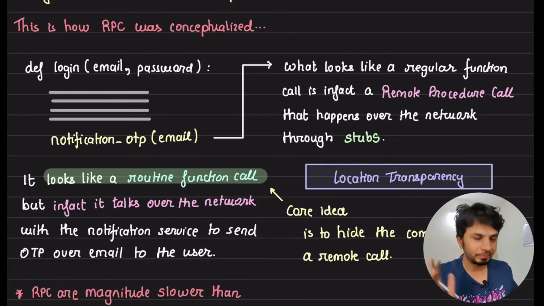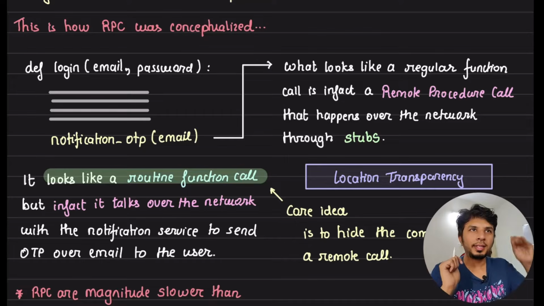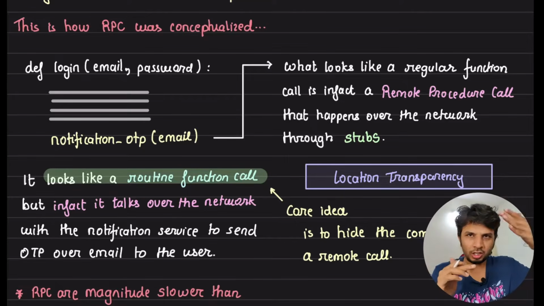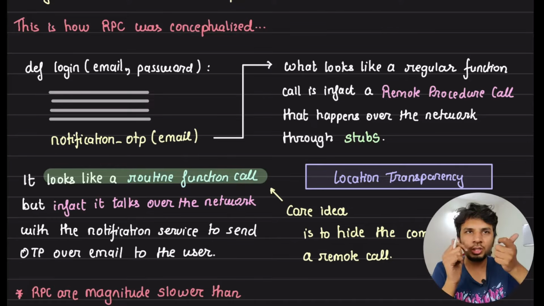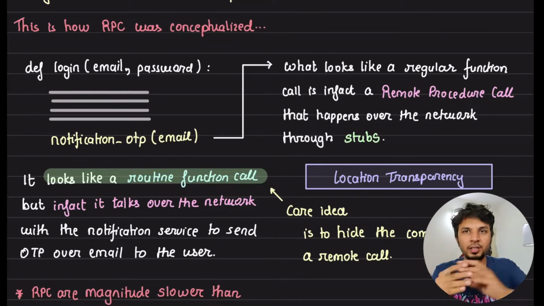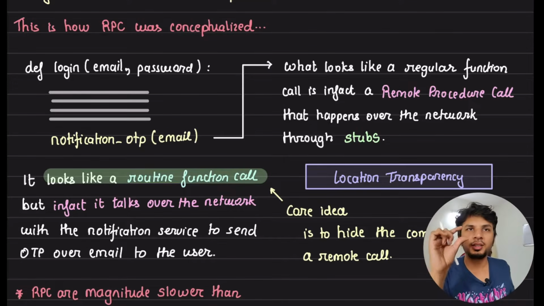That's the best part. So the code that we just saw, def login(email, password), wrote the access token code, and then you wrote notification_OTP(email). Now this notification_OTP(email), when you pass in email to send notification to a user, looks like a normal function call, right?